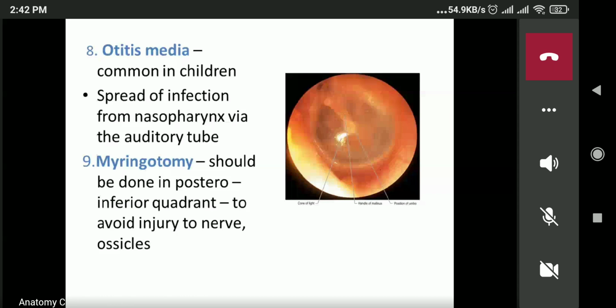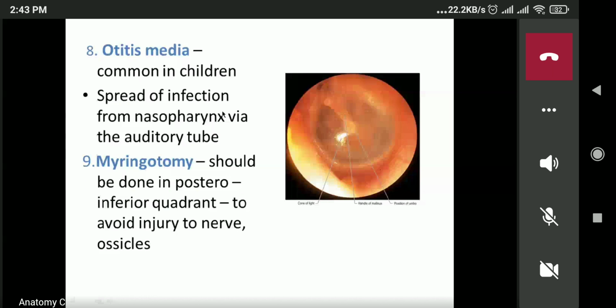Now, otitis media. So what is otitis media? Infection and inflammation of the middle ear is otitis media, which is common in children. Otitis media is very common in children because the spread of infection can be from the nasopharynx. The middle ear cavity communicates in front with the nasopharynx via the auditory tube.